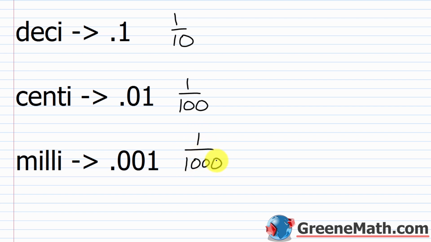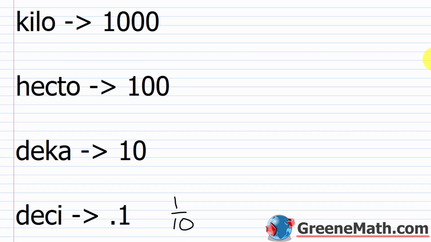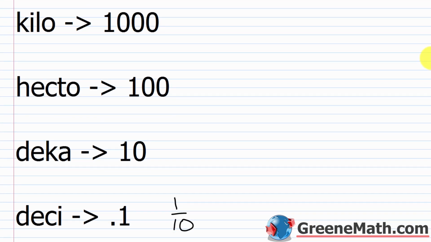Now, let's see an example real quick of how we could use this prefix. If we know that kilo stands for 1,000, if I had 1,000 meters, instead of writing 1,000 meters, I could just say I have a kilometer. So we could say that 1,000 meters is equal to or is the same as 1 kilometer.